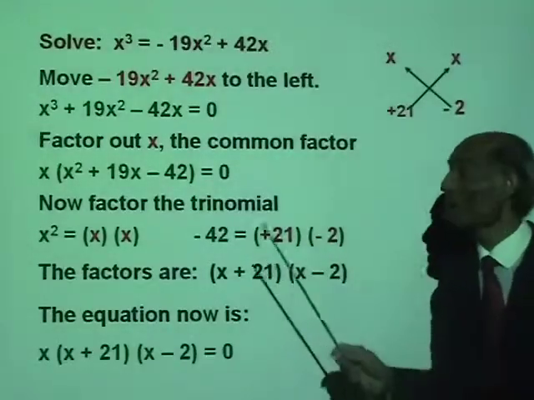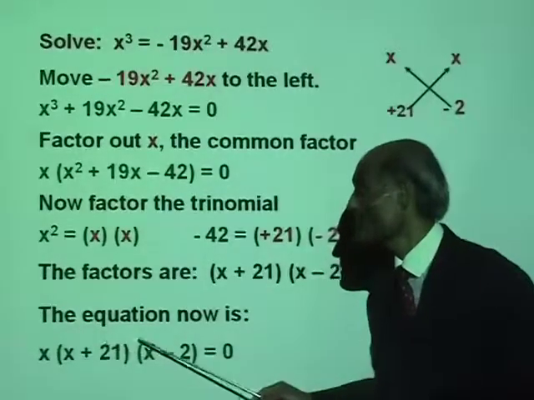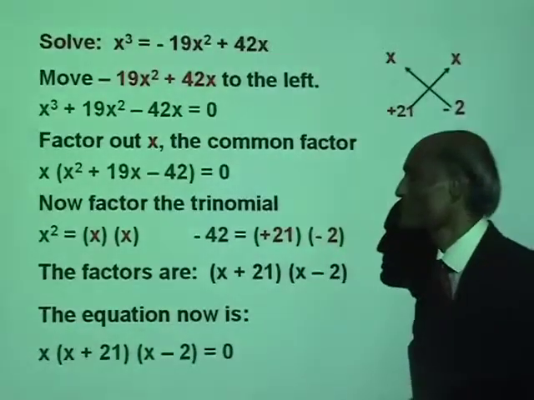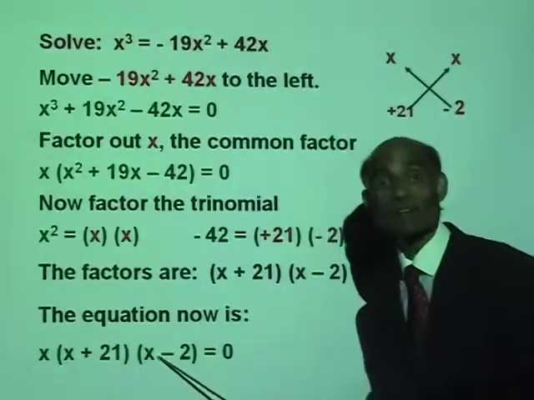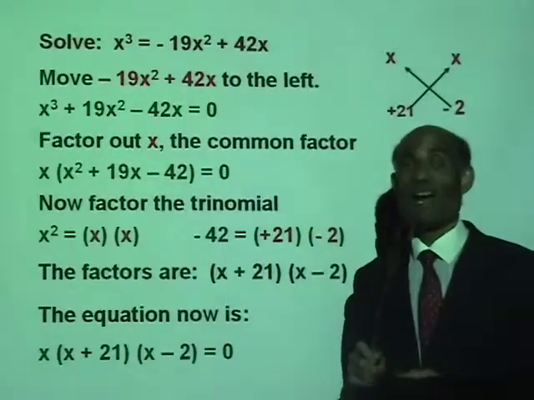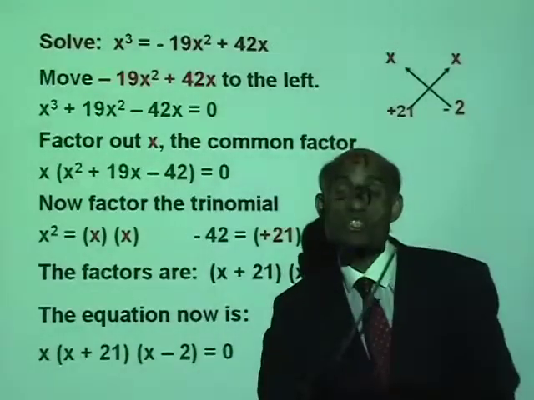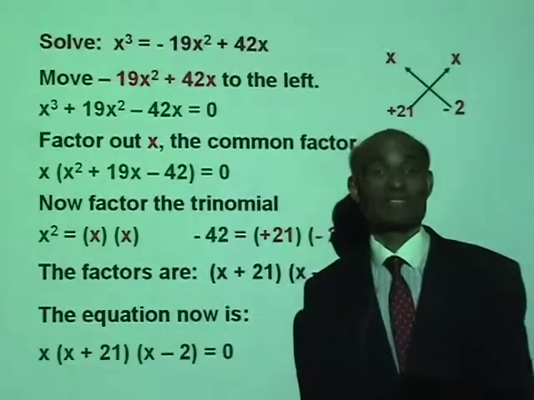So that is now the equation. How many factors are there on the left side? There are 3 factors, and we need to set each of the factors to 0 and solve for x.